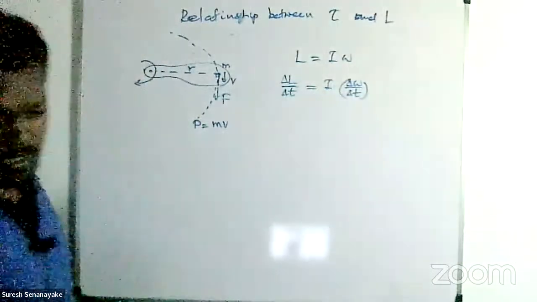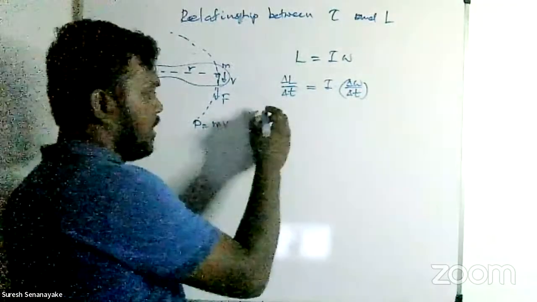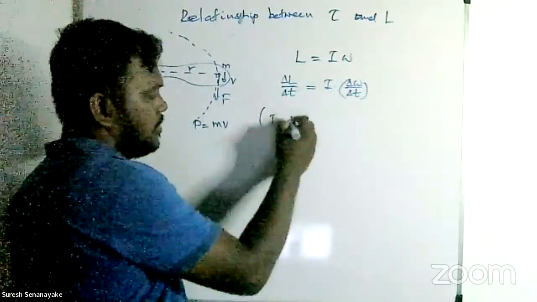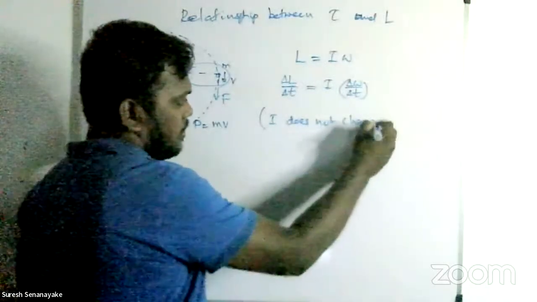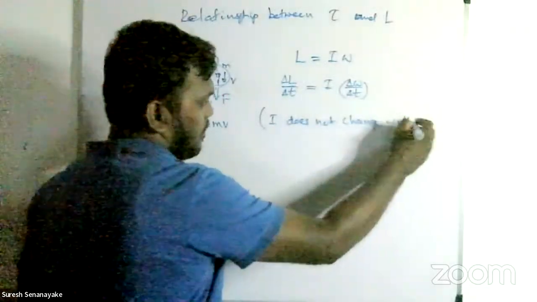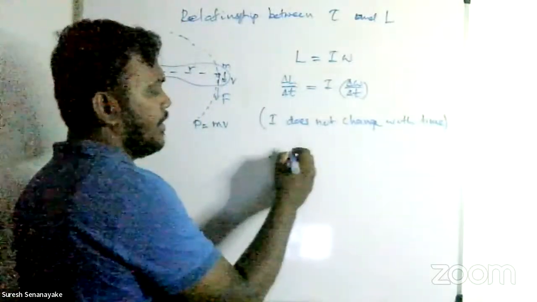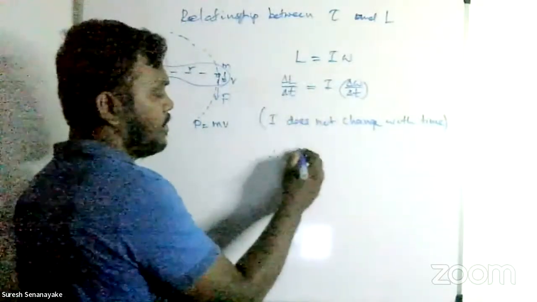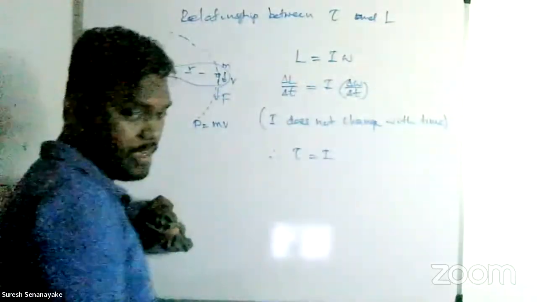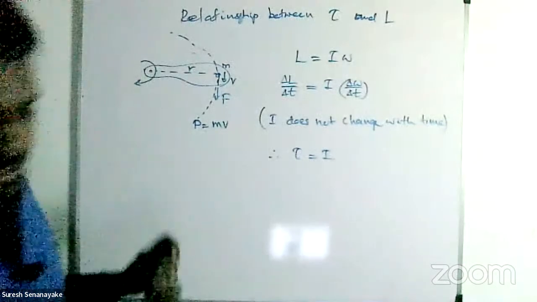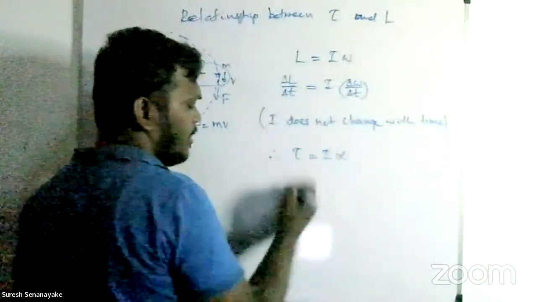I does not change with time. Therefore, delta L over delta t is the torque, and I delta omega over delta t, angular velocity, sorry, the rate of change of angular velocity, is the angular acceleration.